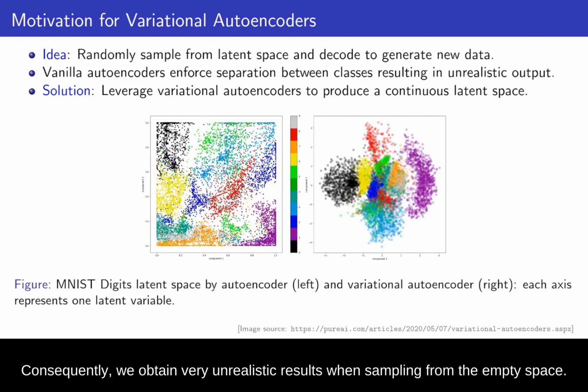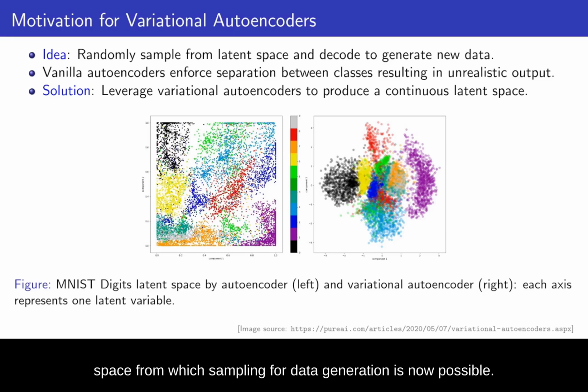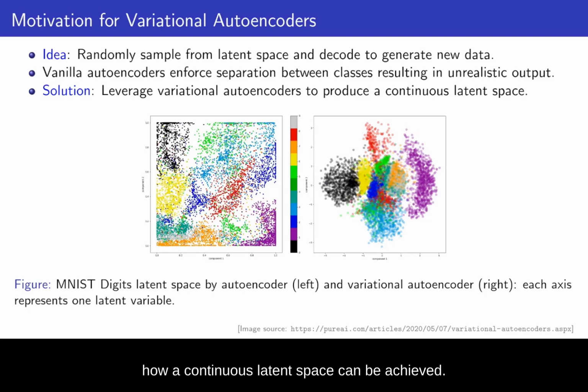Consequently, we obtain very unrealistic results when sampling from the empty space. As a result, variational autoencoders were introduced which produce a continuous latent space from which sampling for data generation is now possible. In the next slides, we will focus on one application of variational autoencoders and then derive how a continuous latent space can be achieved.